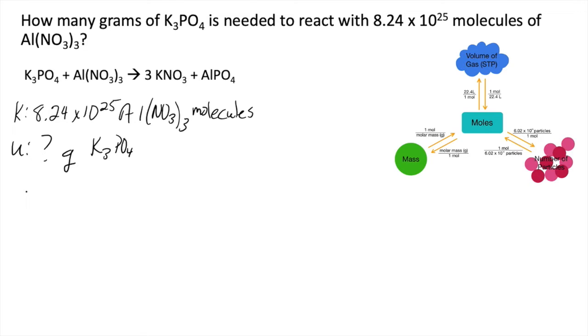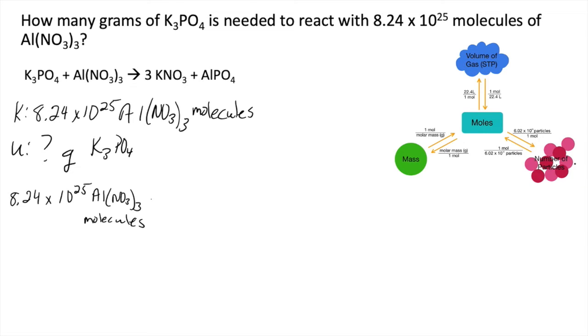To start our problem, we always begin with what we're given, which is our known of 8.24 times 10 to the 25th molecules of aluminum nitrate. I am going to write molecules underneath just so that I have enough room to work out the problem.